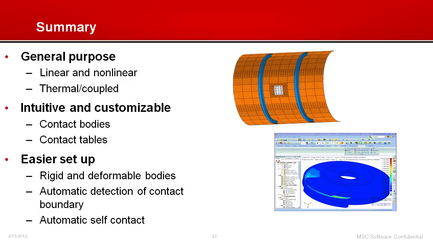It's very intuitive, the user has complete control over all the contact interactions, and it's very easy to set up. Depending on what you have, you don't even have to define a contact table. You just define contact bodies, and the program will automatically detect where the contact will occur.